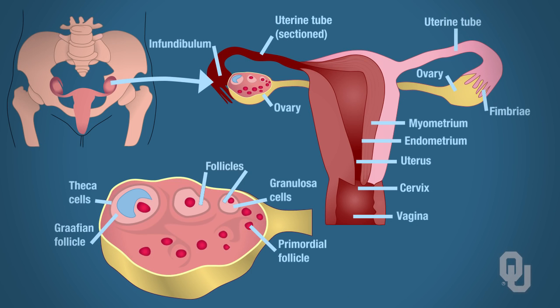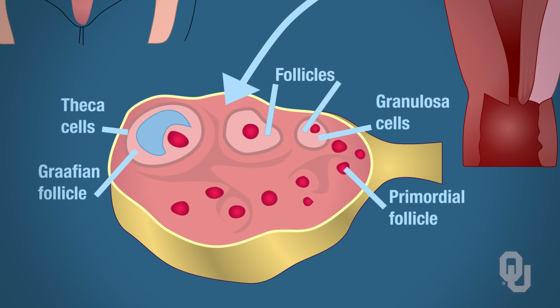When we look inside of it, you have follicles, and within the follicles, they will contain developing ovum. We're going to talk a lot more about that when we get to the menstrual cycle. So for now, think about the ovaries in terms of the location for the developing or maturing ovum.